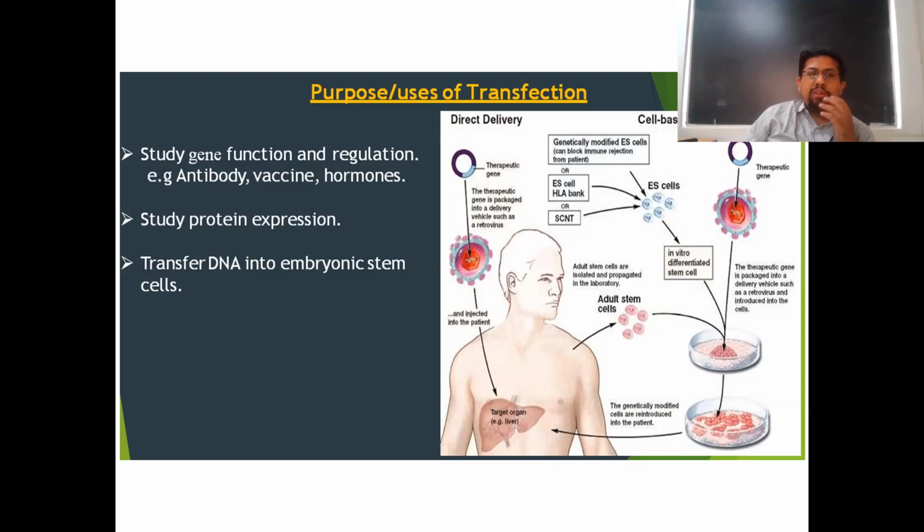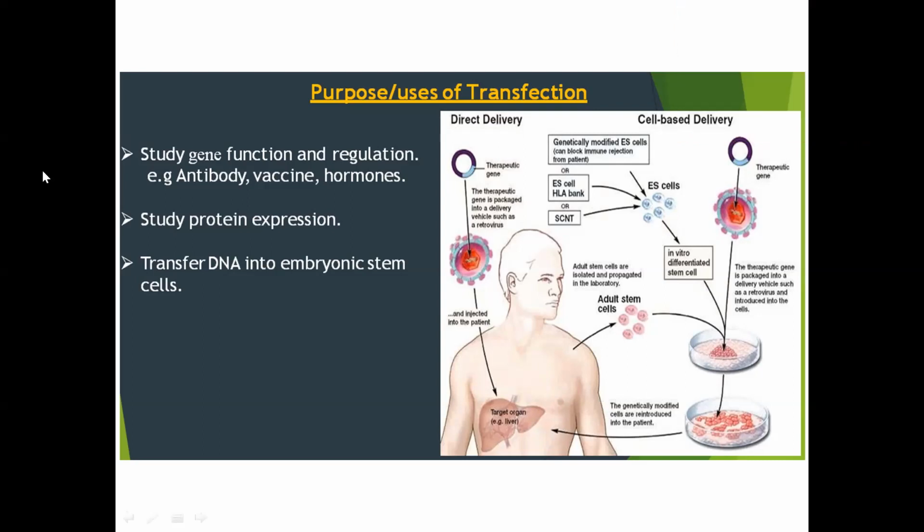Let us say you have identified a gene, and when transfected with this gene, the cancer is able to be overcome. So you can introduce this gene at the embryonic level and see if the cancer is overcome by this particular gene. So these are the purposes: studying gene function and regulation, studying protein expression, and producing transgenic organisms.